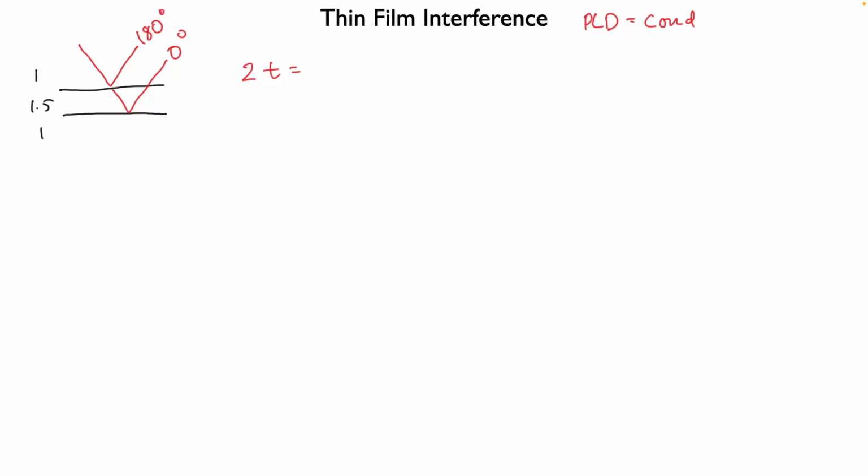The condition. What are the two conditions that we can set? Think back to the two-slit interference problem. What were the two conditions? Like mathematical expressions for the conditions.